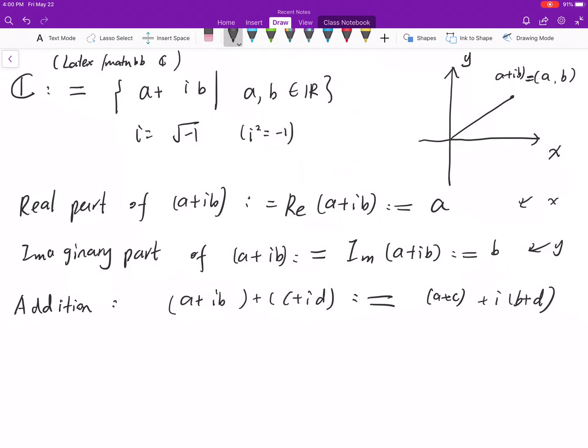Okay, and then the difference between C and R2 is that we have multiplication on C. This is different because on R2 we only have scalar product. That is, you can multiply a and b by a number lambda at the same time. But here on C we have different structure.